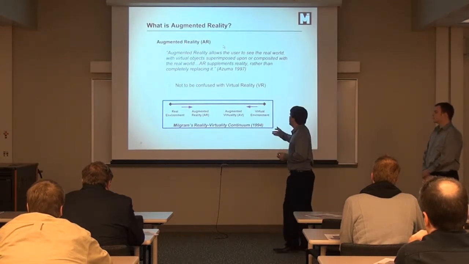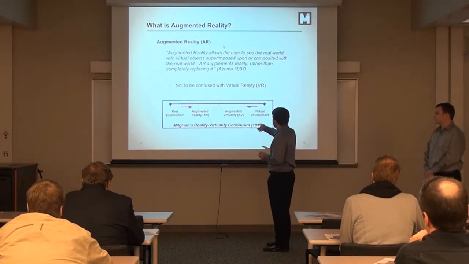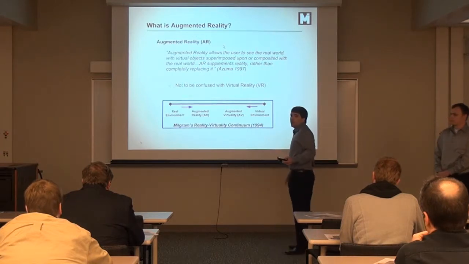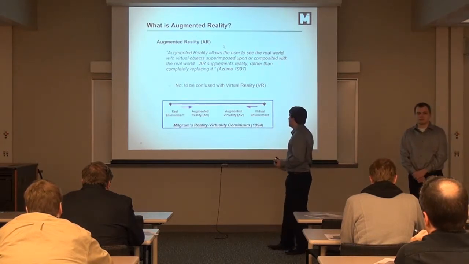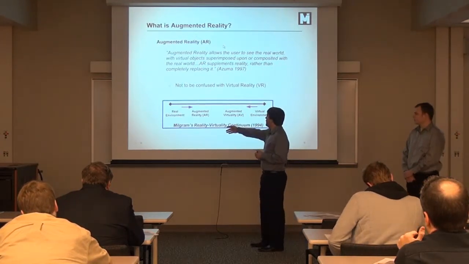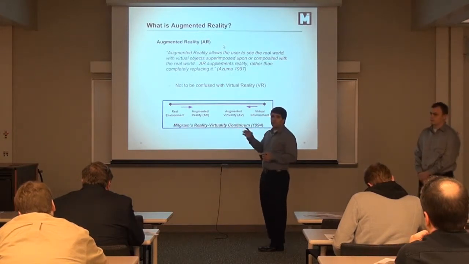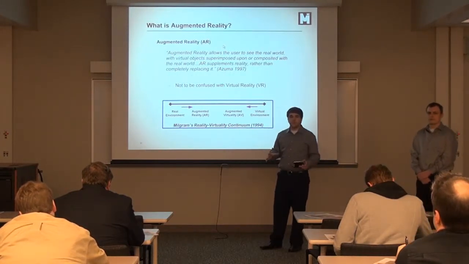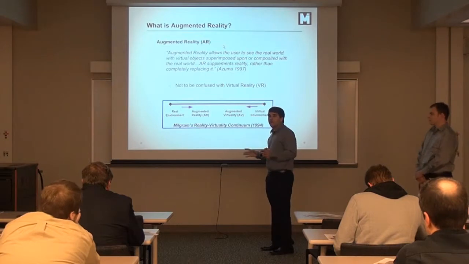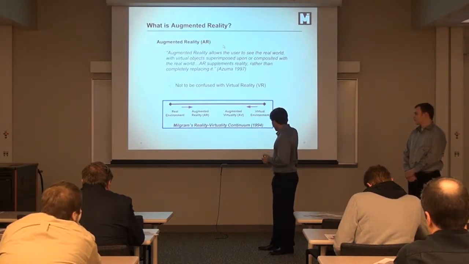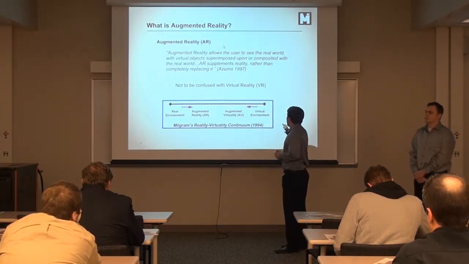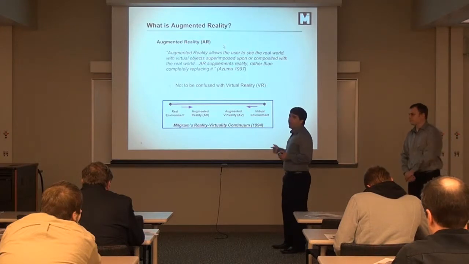So this chart here, Milgram's reality-virtuality continuum, will help us describe to you a little bit better what augmented reality is. On one side of the graph, we have the real environment, which is what we see right now. It's this room, it's the world, without any technical device to help us. And on the other side, we have the virtual environment, which is virtual reality in a sense.